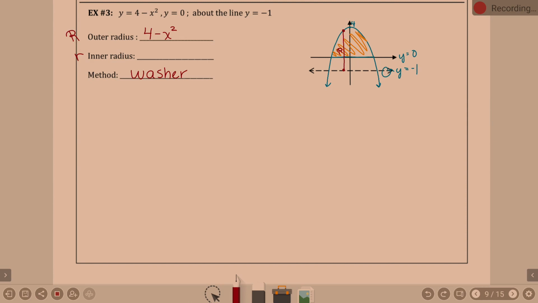So that's 5 minus x squared. Inner radius: 0 minus negative 1, which is indeed 1. Okay?